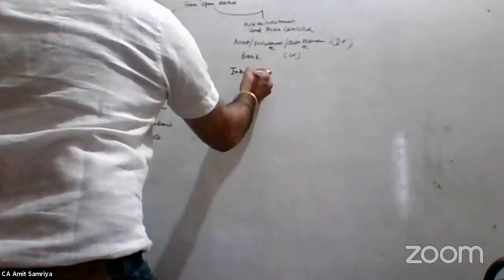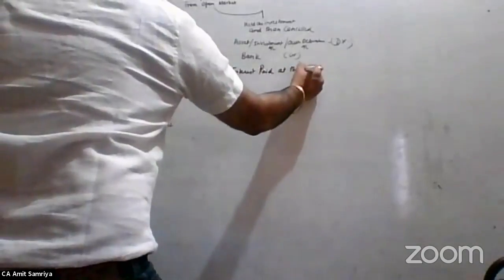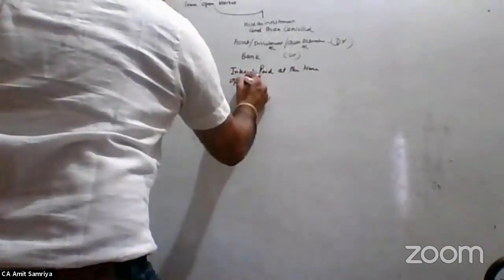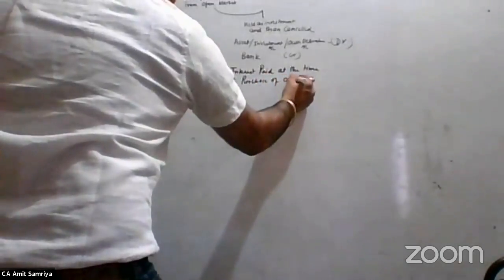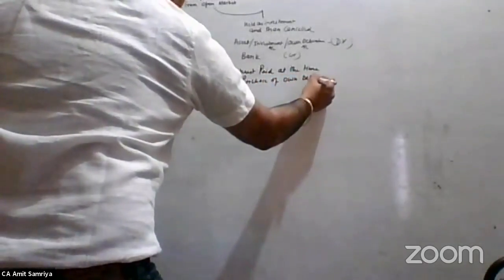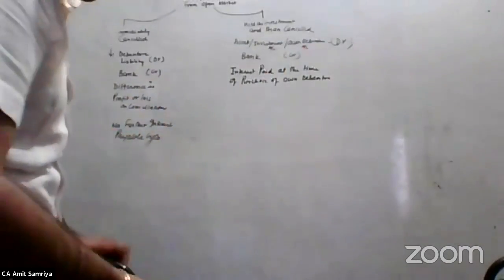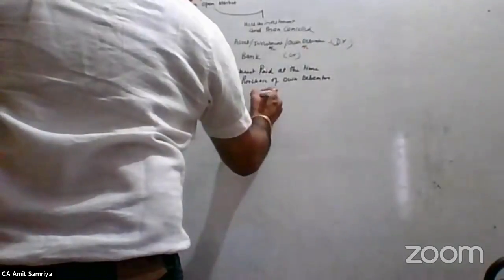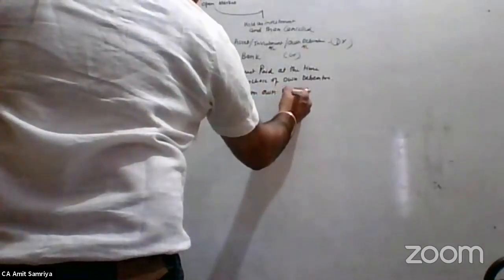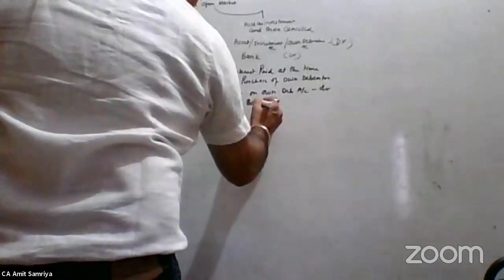Interest paid at the time of purchase of own debenture. So at the time of purchase of own debenture, when interest is paid: interest on own debenture account, debit; bank, credit.